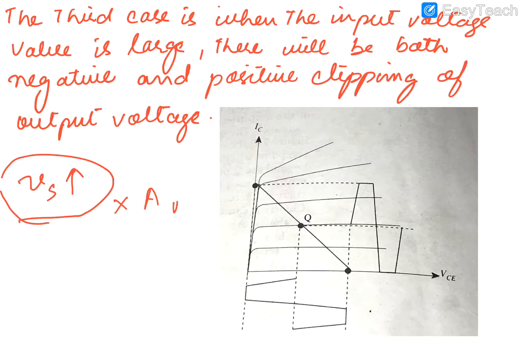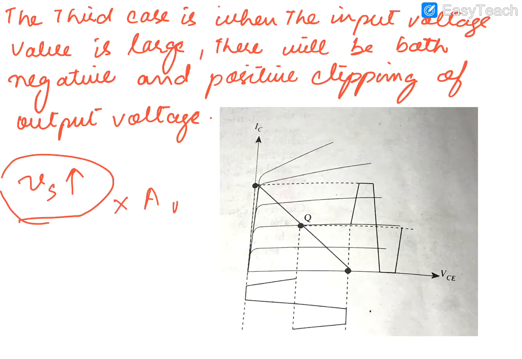So these are the limits, IC maximum and 0 amperes. So we can see the positive and negative clipping in case of large Vs, both in case of current and voltage. You can see there is also positive and negative clipping in case of voltage too, because the voltage cannot be greater than VCC and it cannot be less than the value of 0 volt.